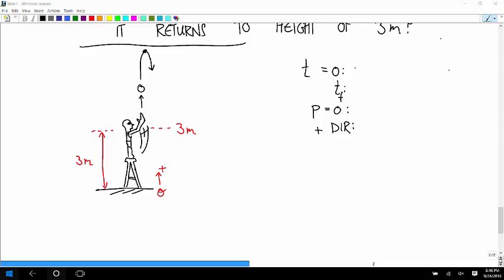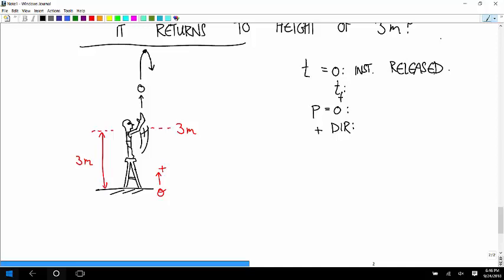Yep. And the reason we want to do that is we have information there. We know the height of it. We know the speed of it. We can turn that into positions and velocities.